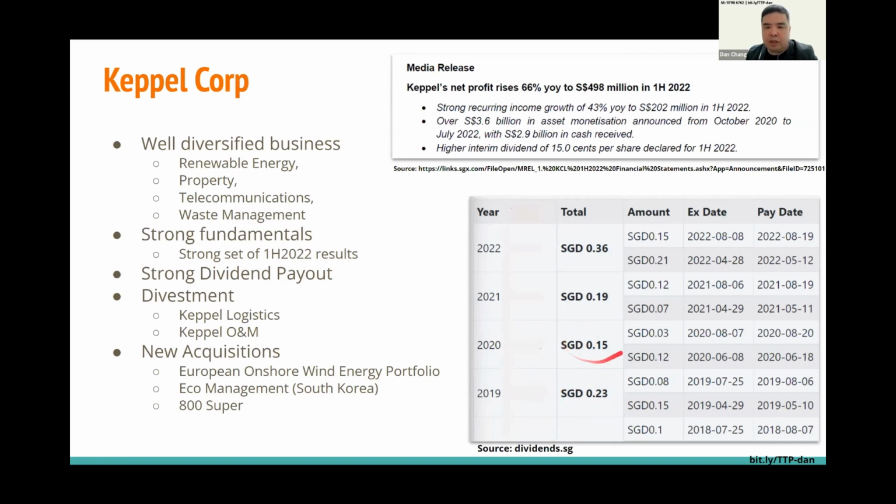When the pandemic struck, during the pandemic period, they still made a profit and they were still committed to pay out dividend. And in 2022, as they came out from the pandemic, they are already giving out more than the pre-pandemic level.